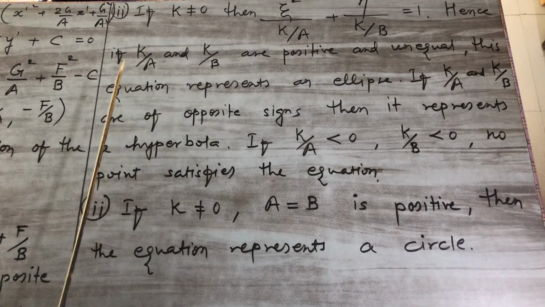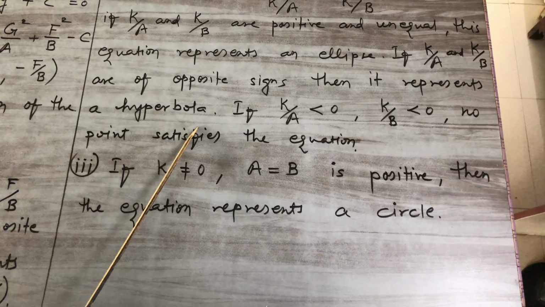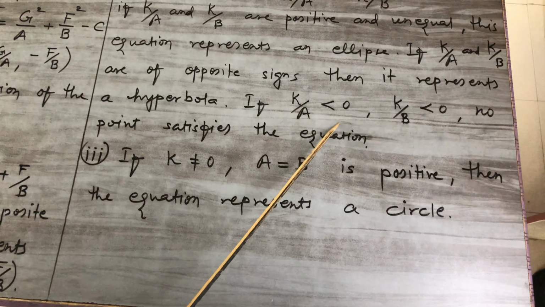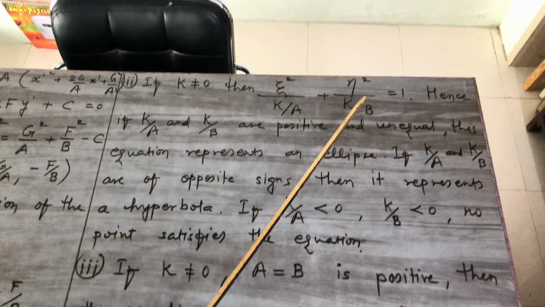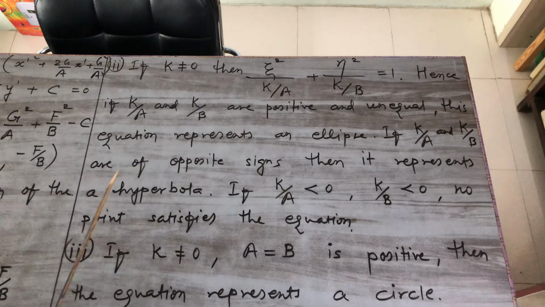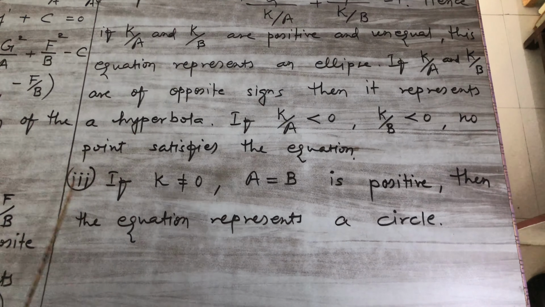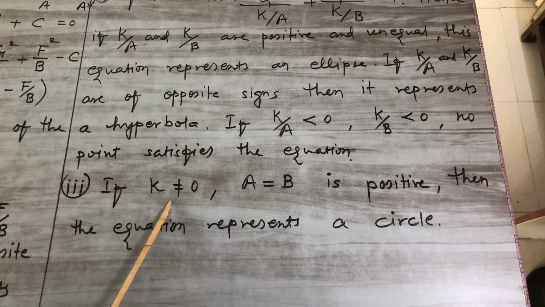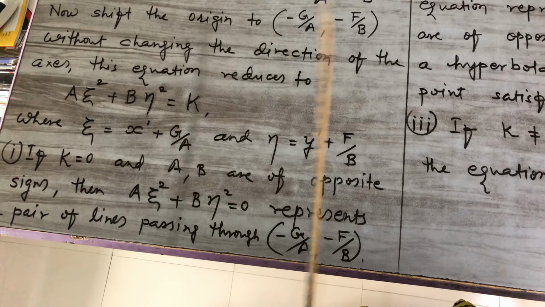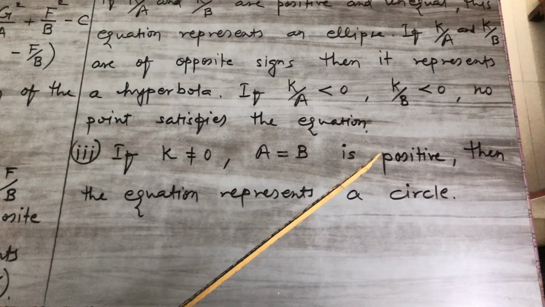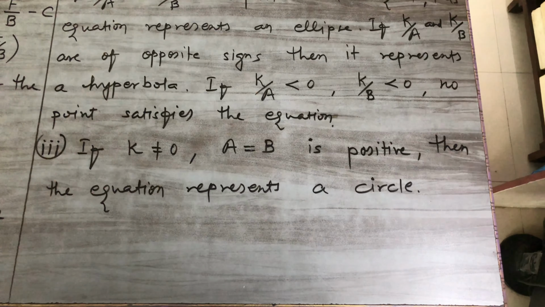And if k/a and k/b are of opposite signs, then it represents a hyperbola. And if k/a < 0 and k/b < 0, no point, because these two terms are negative, it does not satisfy any point. Then no point satisfies the equation. And third, if k ≠ 0 and a and b are equal and positive, then the equation represents a circle.